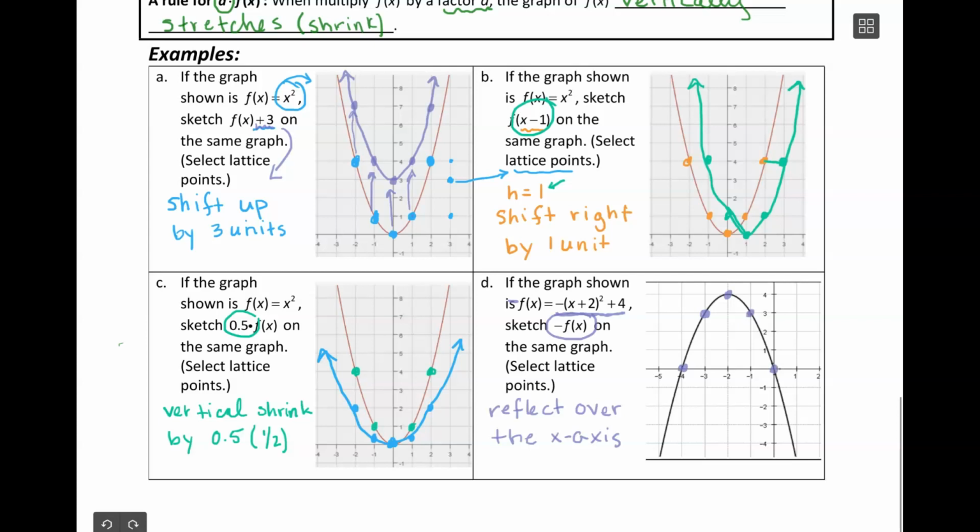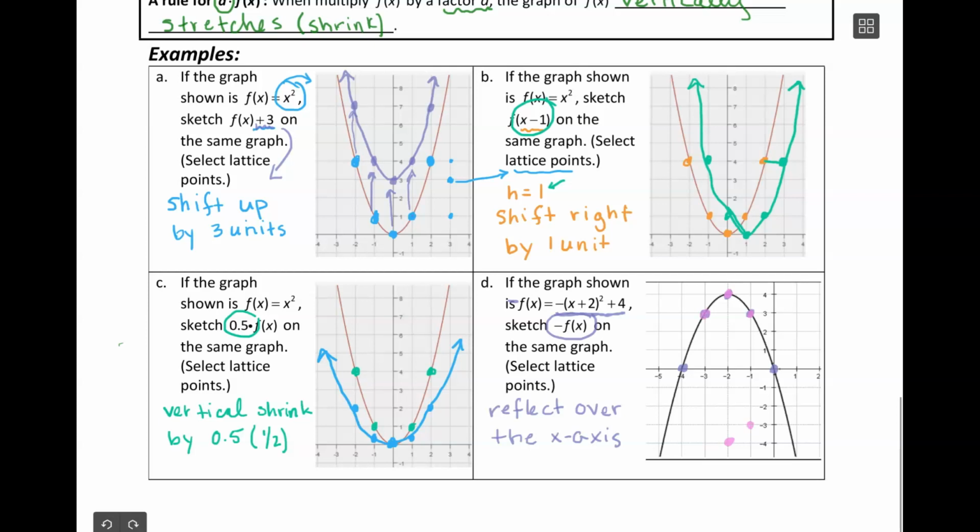We're going to reflect them over my x-axis. What that means is because this point right here is at -2, 4, it's now going to become -4. Every y value is going to become the opposite. This point right here is at 3, it's now going to move to -3.